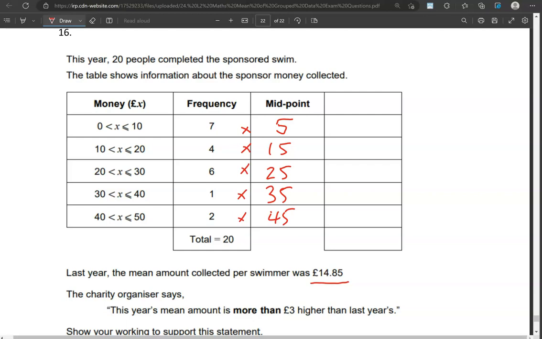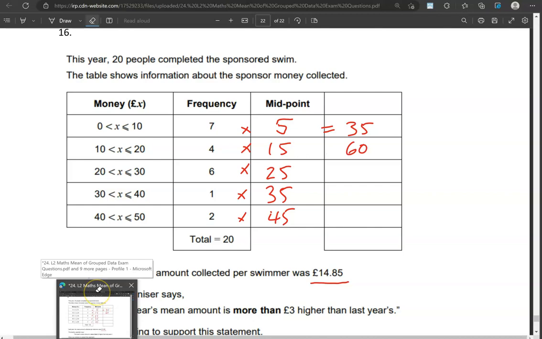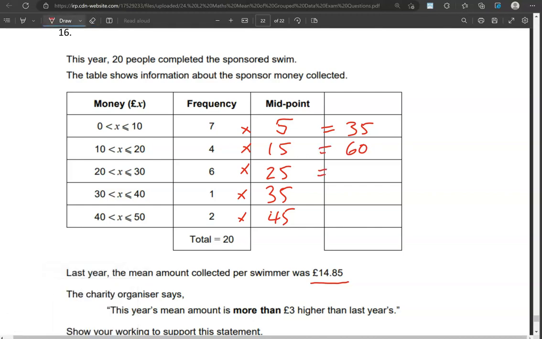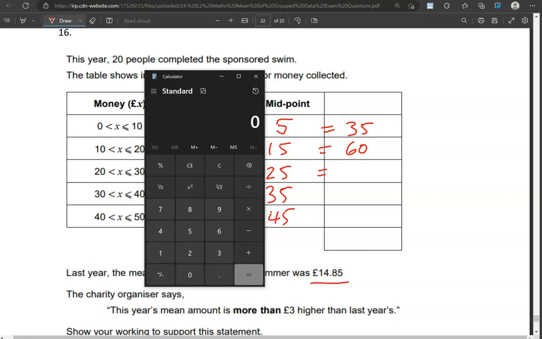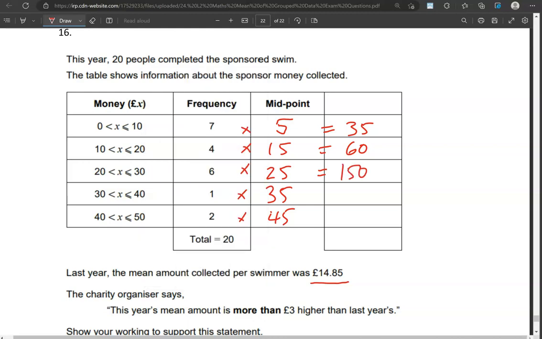So 7 times 5 gives us 35. 4 times 15 gives us 60. 6 times 25 is 150. 1 times 35 is 35, and 2 times 45 is 90.